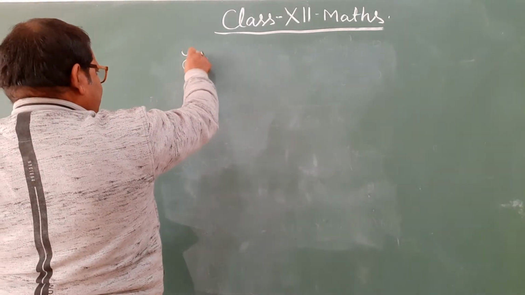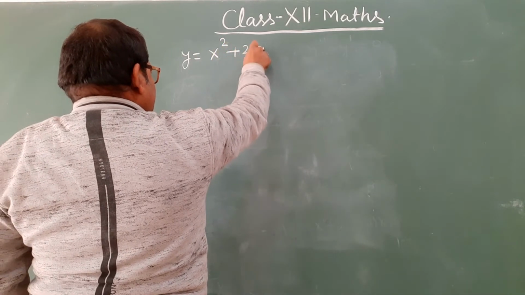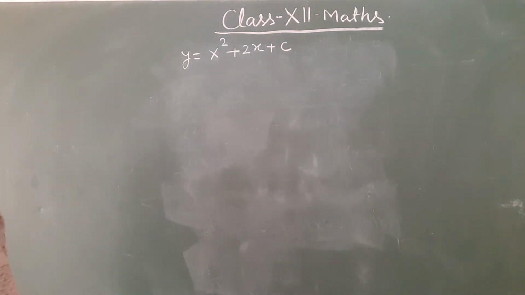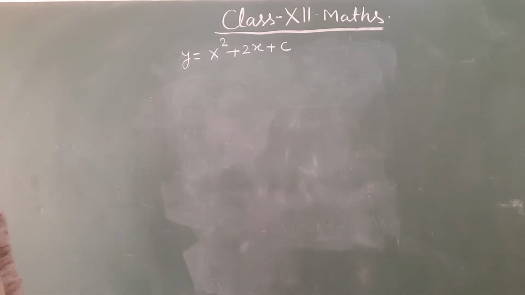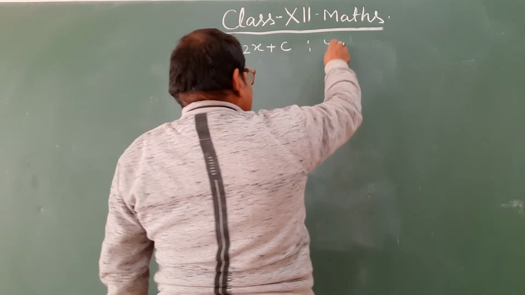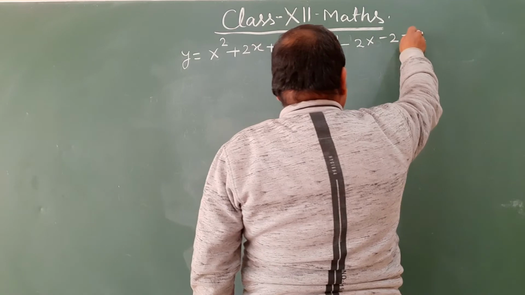y equal to x square plus 2x plus c, such that y dash minus 2x minus 2 equal to 0.